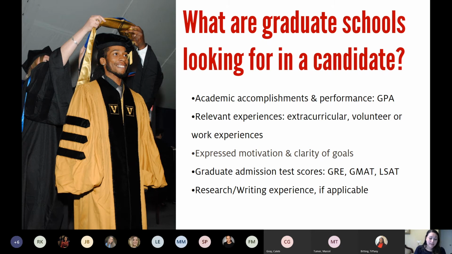Now, some schools may list a minimum score, or maybe they say last year's admitted graduate school class had a median score of this number. Whatever that number is, it can influence how you prepare for that graduate admission test.